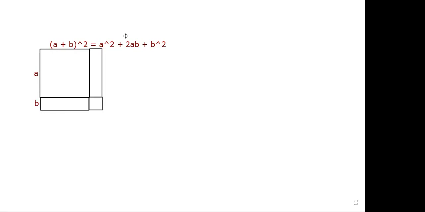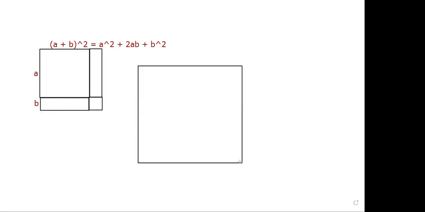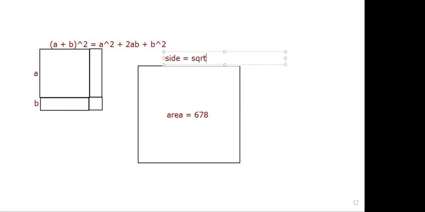So now the whole notion is kind of like this. You have this square and its area is 678. And what you want to find is this length, this side, and that is the square root of 678. This is the basic idea.